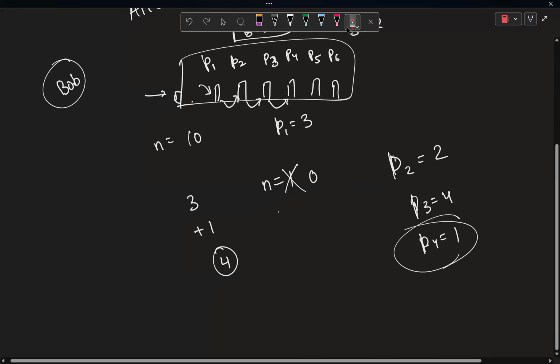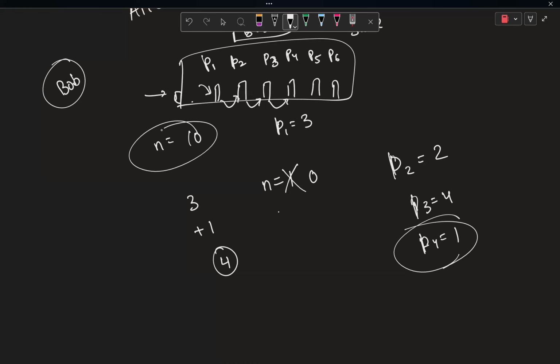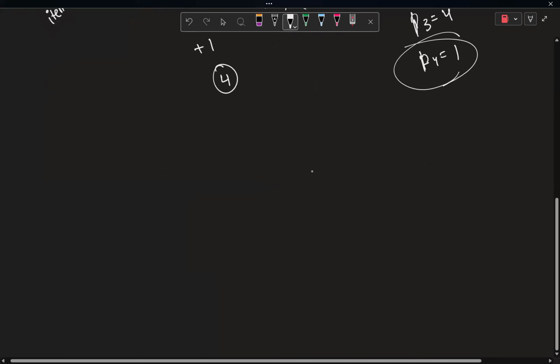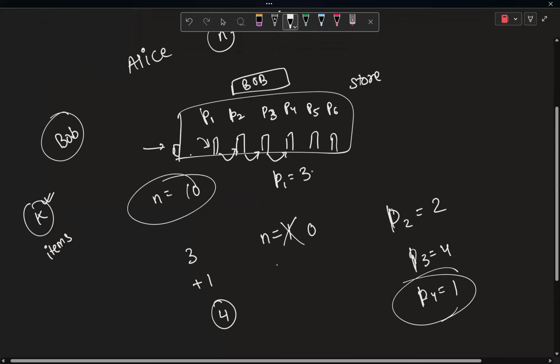So as Bob already knows about the money which Alice will have, he would like to place the stalls in such a way that Alice will eventually buy K items only. This is the goal, that Alice should be able to buy exactly K items. No more than K, no less than K. So is the problem clear?